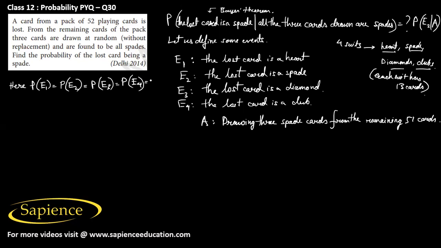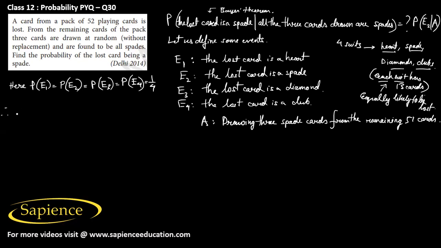And that will be equal to 1 by 4, since each suit has an equal chance to be lost. Each suit is equally likely to be lost.